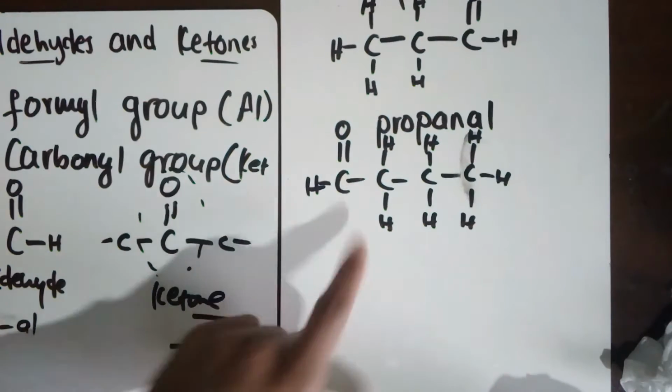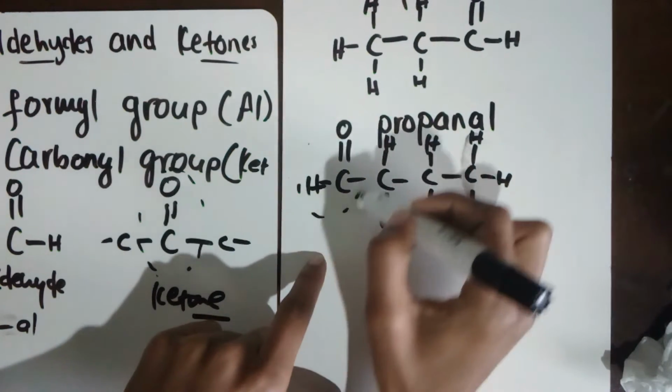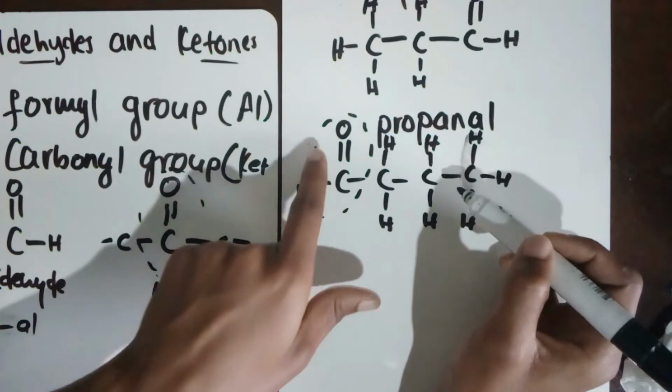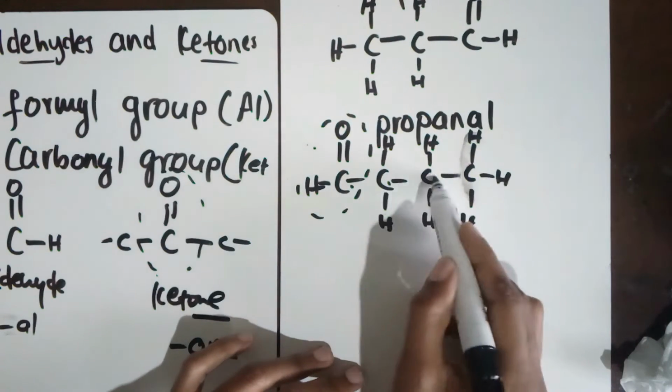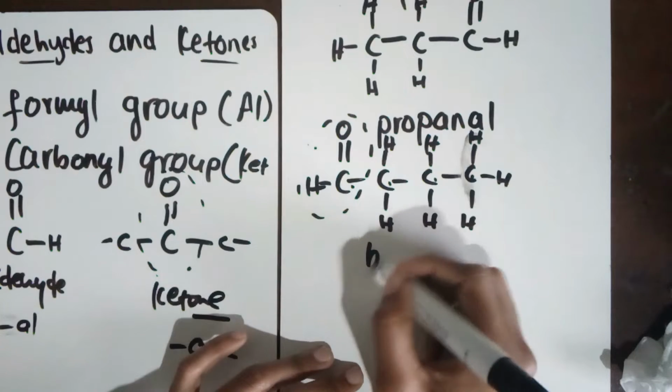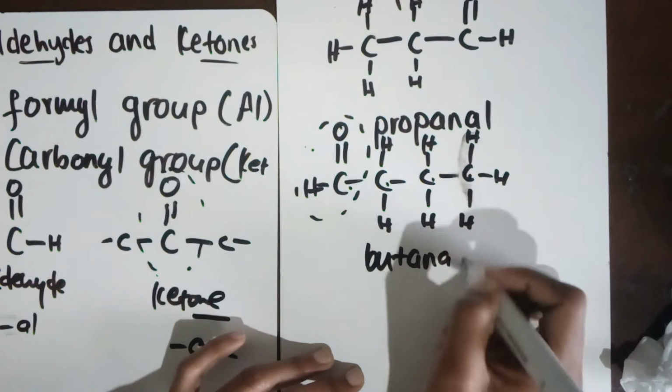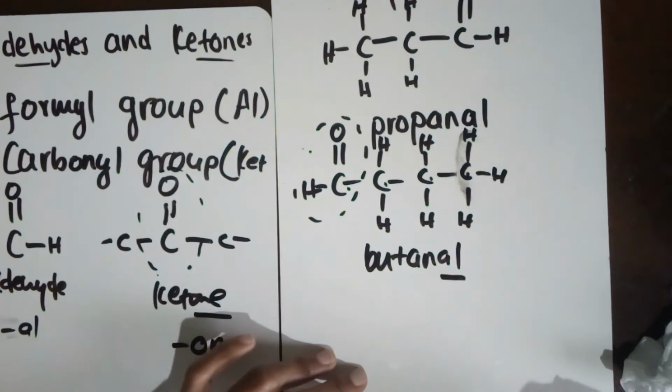So there we are. We identify that it's an aldehyde because of this formyl functional group, and it has 4 carbons on it. So it's going to be butanal because it is an aldehyde.